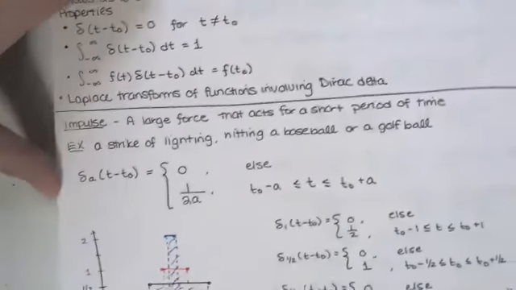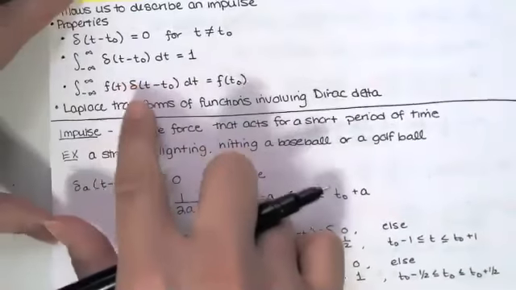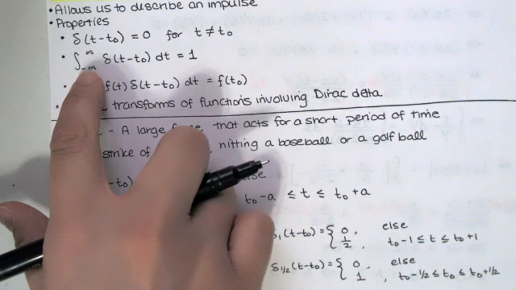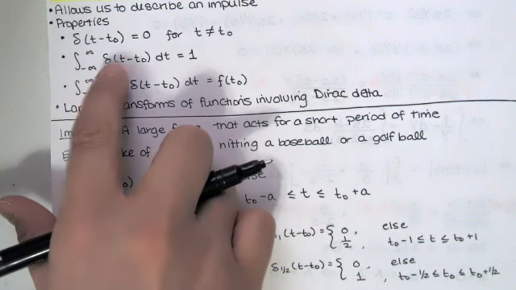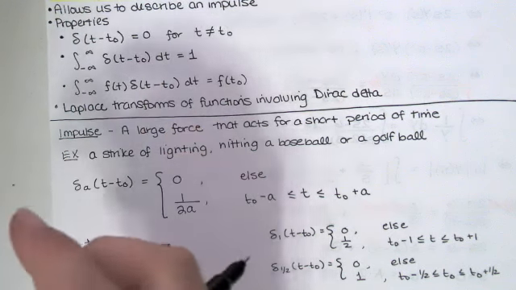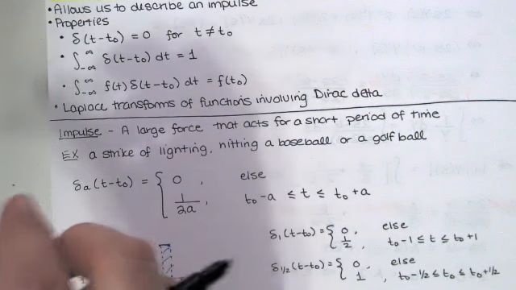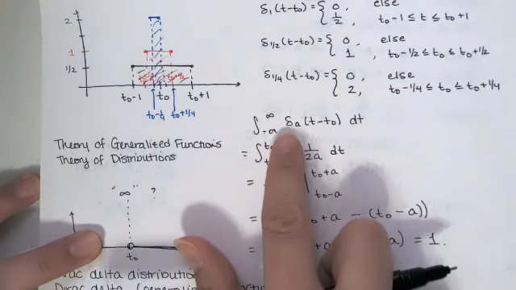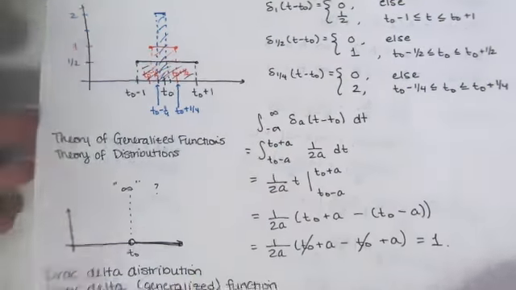Okay, so let's talk about how that relates to this integral. We talked about the area under the curve here, this integral from negative infinity to infinity of this being the same as the integral from negative infinity to infinity of this delta sub a function.